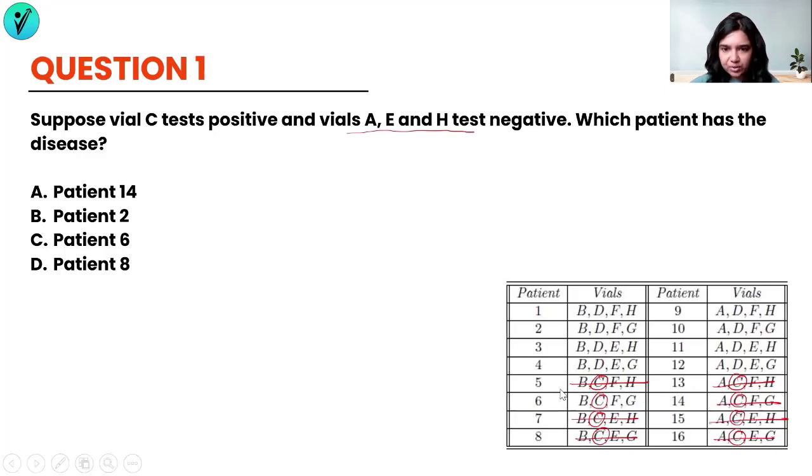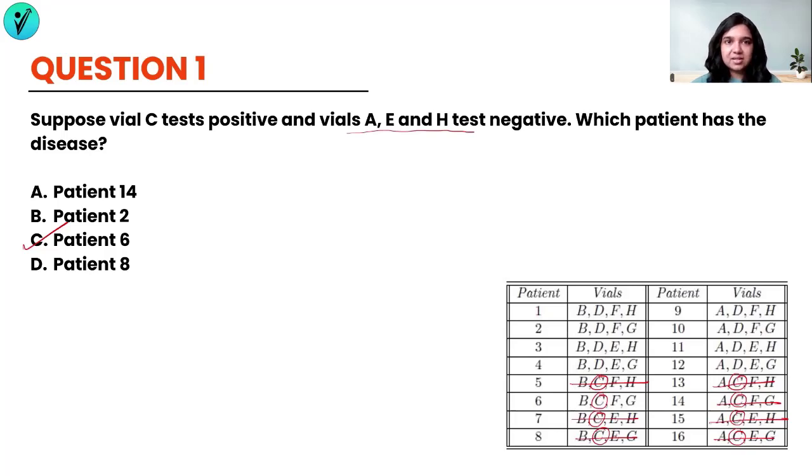Your patients are going to be from here, out of which only patient number 6 is left to be a possible patient. So the answer to this one will be patient 6, because everybody else is ruled out because of the negative tests.